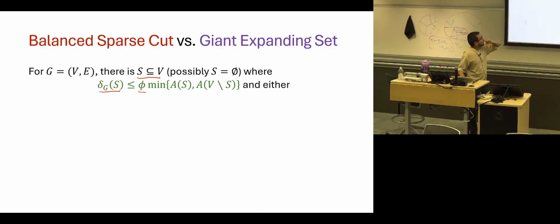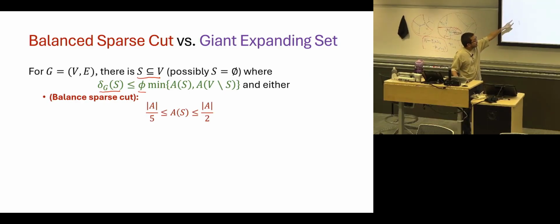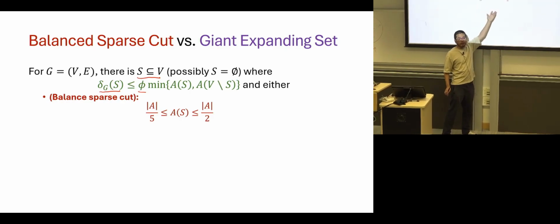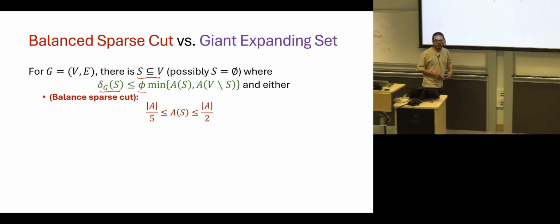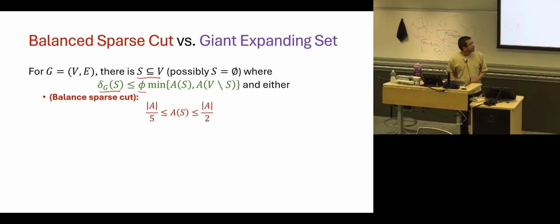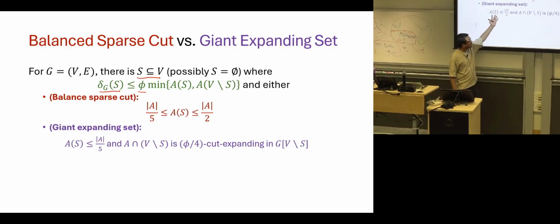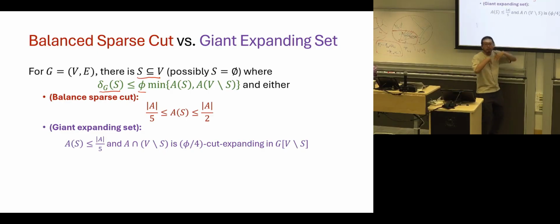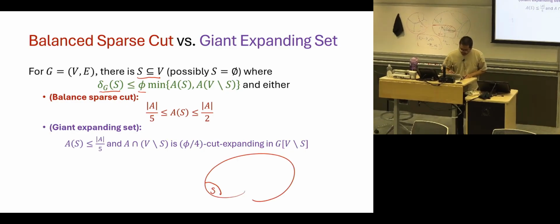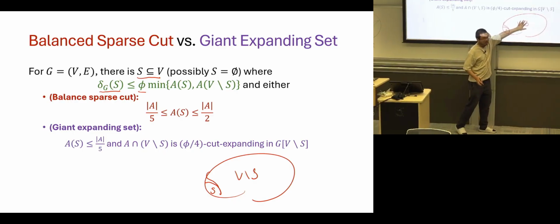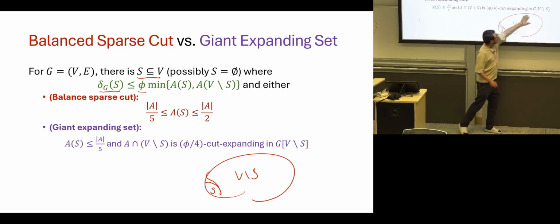But either of these cases will happen. Either it's balanced, so the size of S is a constant factor of the whole node weighting A. Or maybe S is small, but if you look at the complement of S, V minus S, the node weighting is already expanding in the complement.